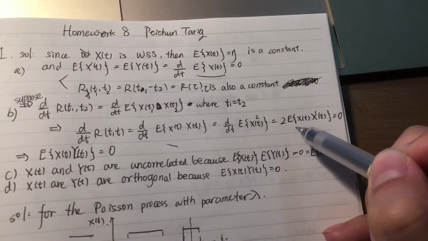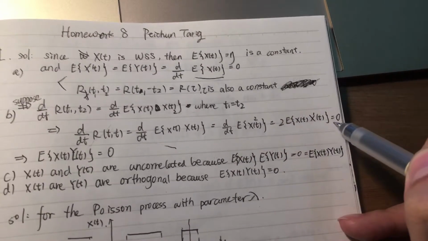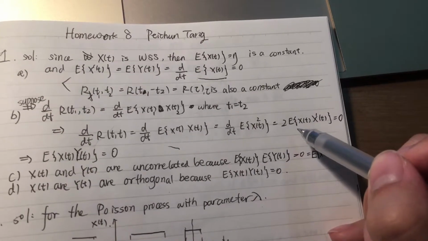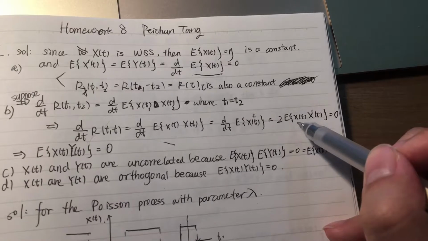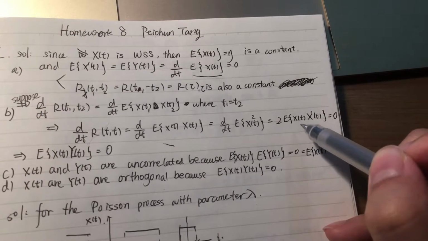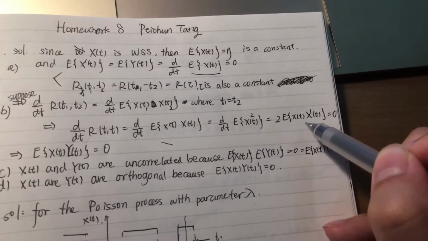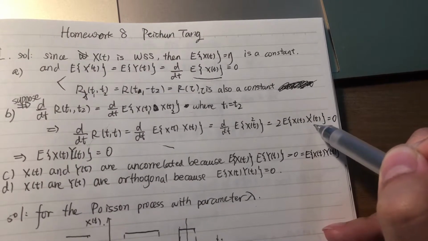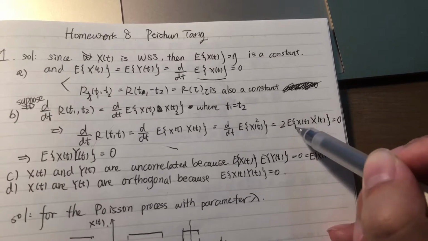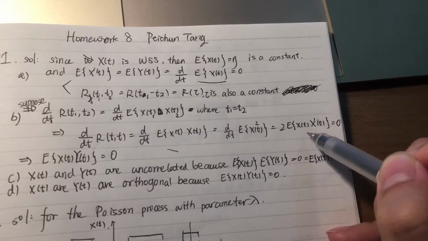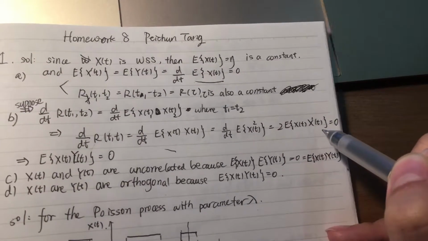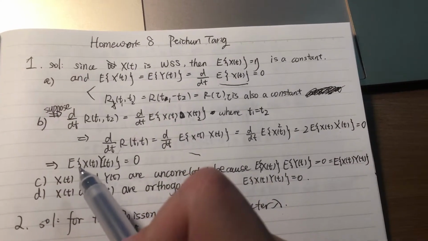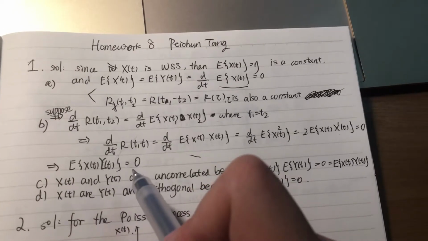As we know, this is equal to 0 actually, because both parts, X(t) and the first derivative of X(t), are independent, and the second part, E of the first derivative of X(t), is equal to 0. So when these two are multiplied together, the product is exactly 0, and we can get that E[X(t)Y(t)] is exactly equal to 0.